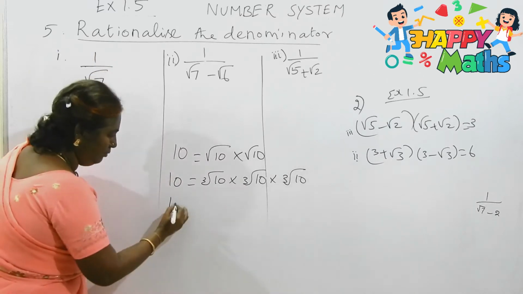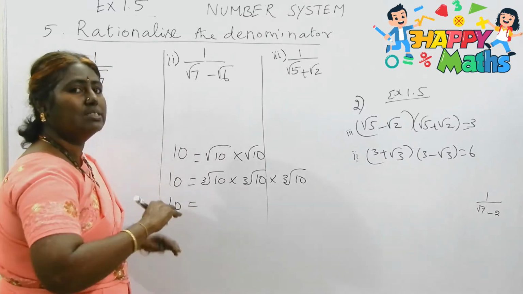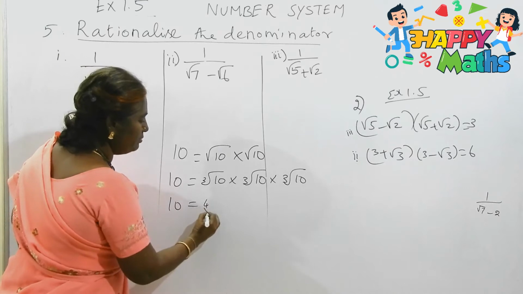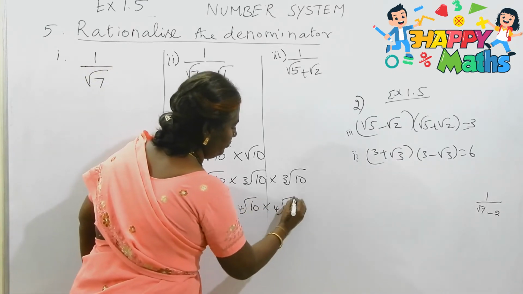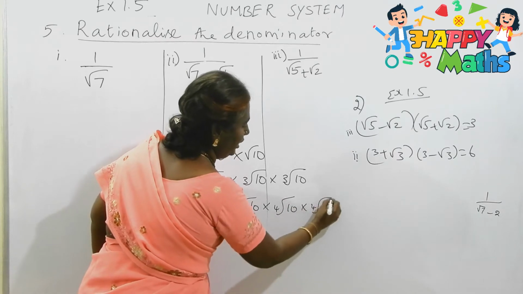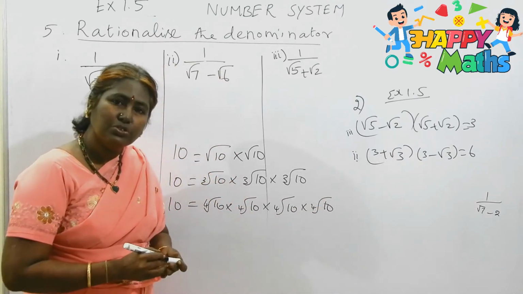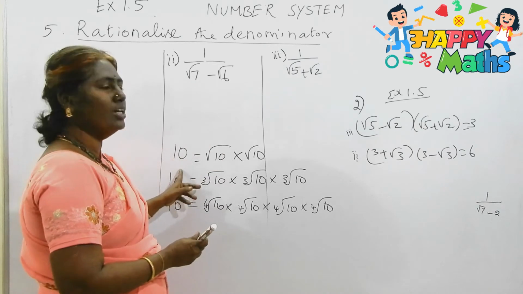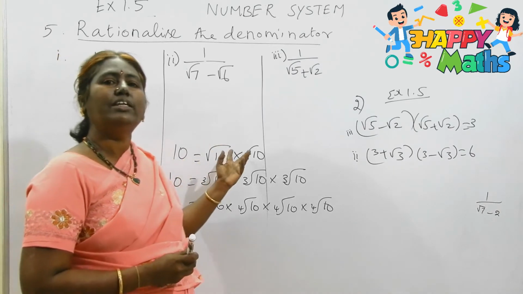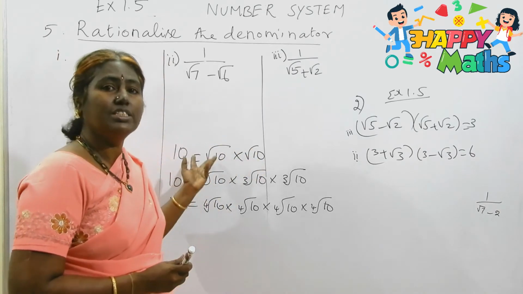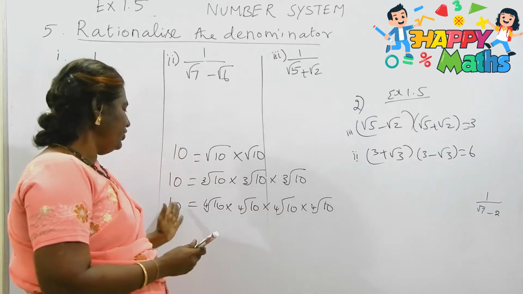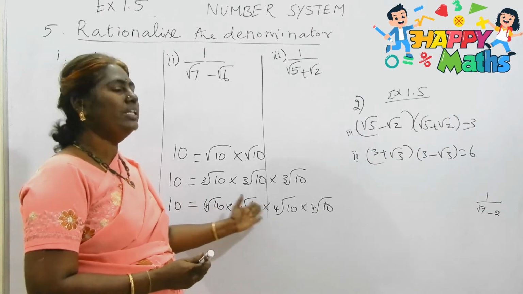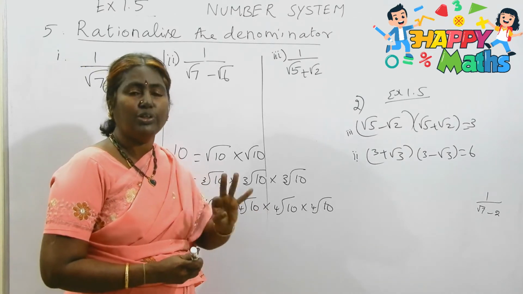If the same 10 is to be split with the 4th root, it must be 4th root of 10 into 4th root of 10 into 4th root of 10 into 4th root of 10. Can you all understand the basic concept, children? Since it is a square root, I can split it 2 times. If it is a cube root, you can split it 3 times. If it is a 4th root, you can split it 4 times.